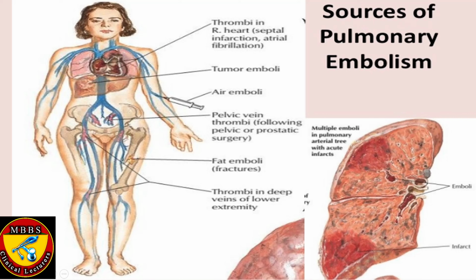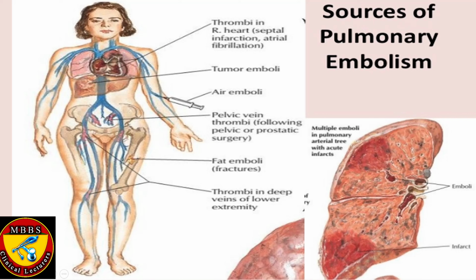Another source of pulmonary embolism could be a fragment of a tumor, or any air injected in the vein, or fat emboli. A fracture of the bones can lead to leakage of fat within the pelvic veins, and they can travel through the venous circulation towards the pulmonary artery.